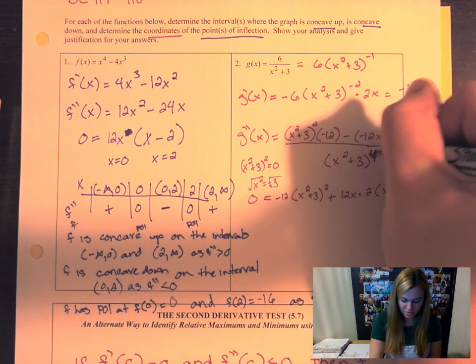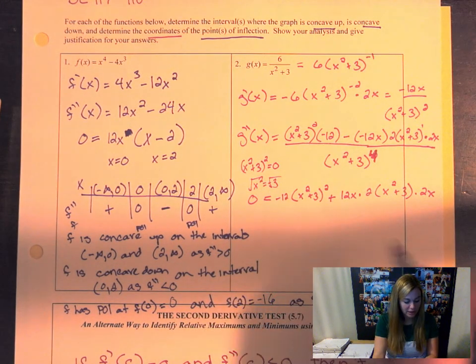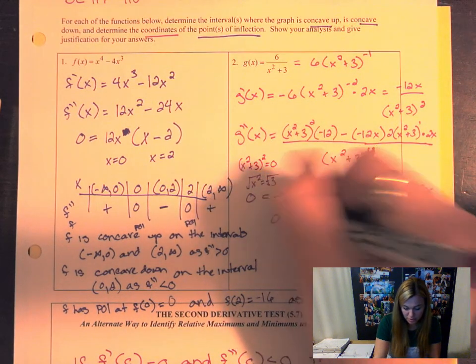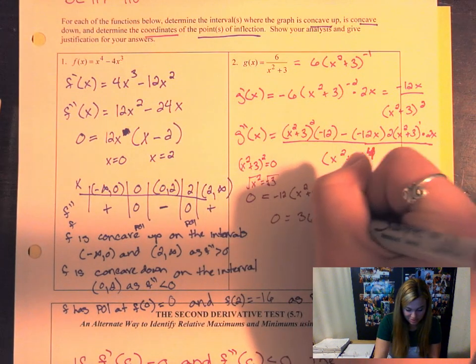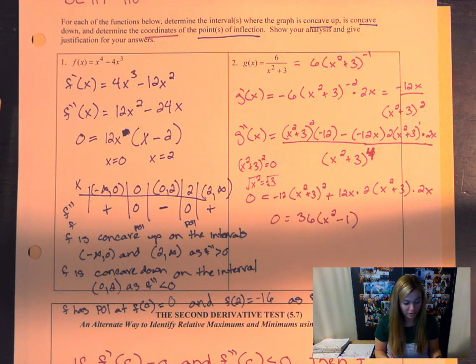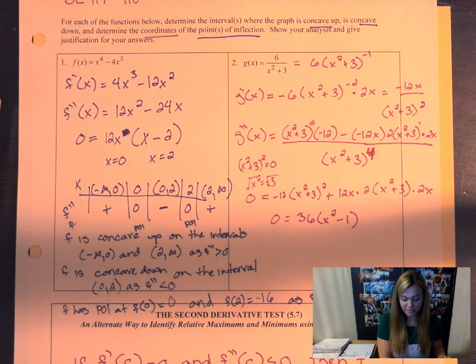This is squared. Okay, so we could do a lot of work with this and figure out that the numerator actually becomes 36 times x squared minus 1. It takes a little bit of work, but I promise, here, look, I have lots of work there. If you're not convinced, it's there.